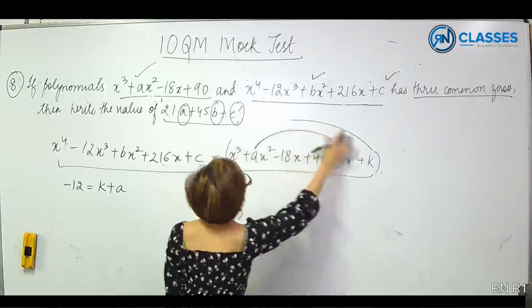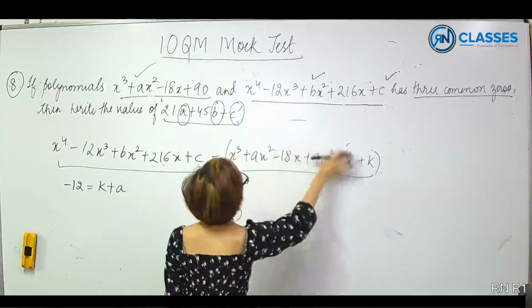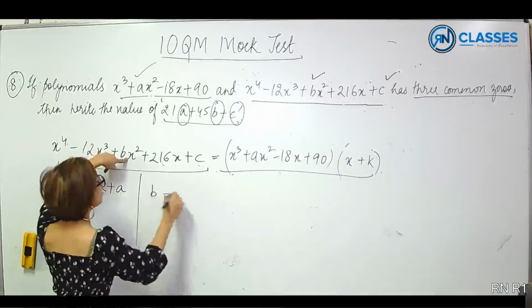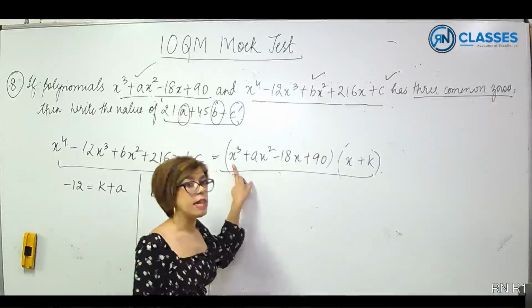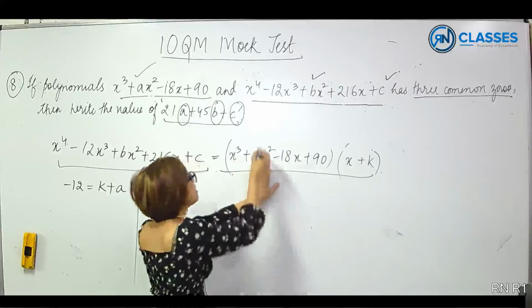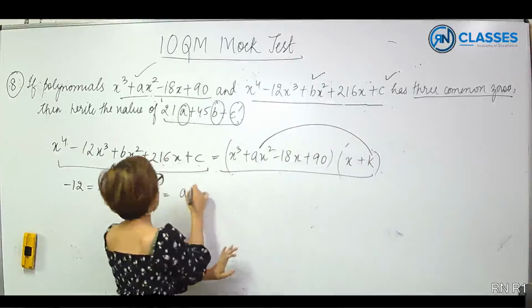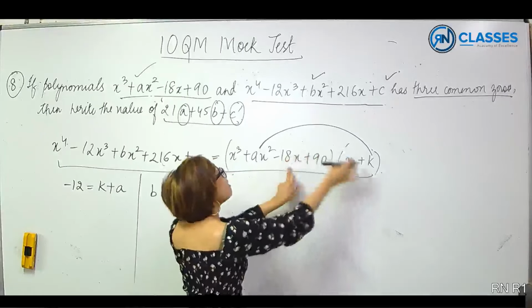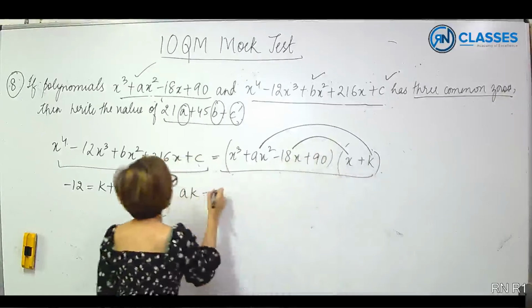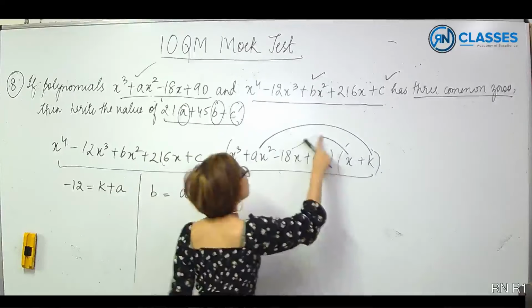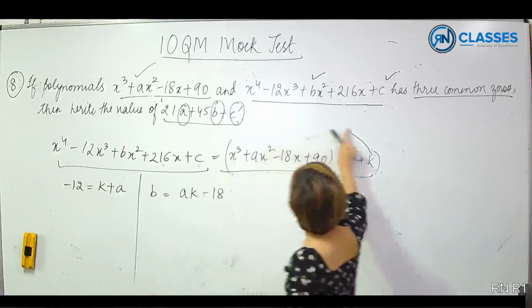Done? Now, let's move on to x square. The coefficient of x square is b. Obviously, I will not start with x cube. I will start with x square, which needs to be multiplied by the constant term. So, that is ak. Then, this one needs to be multiplied here, so that means minus 18. This cannot be multiplied by anything, so it's okay. Second relation I got.